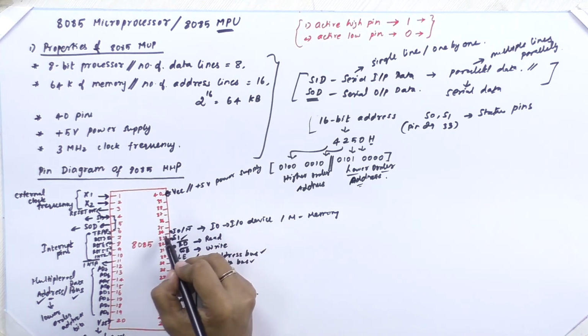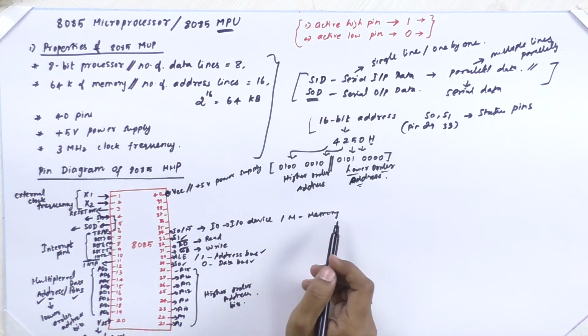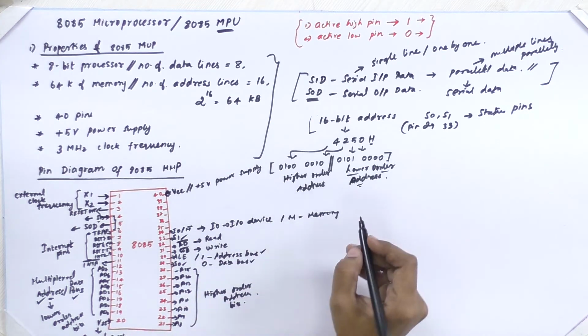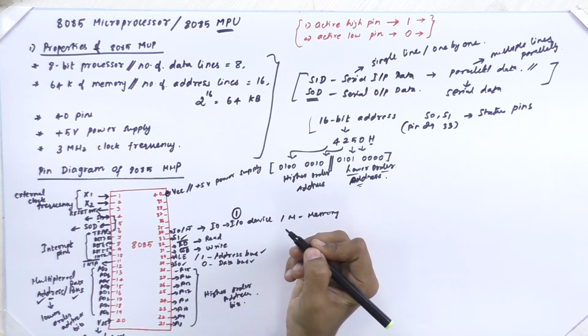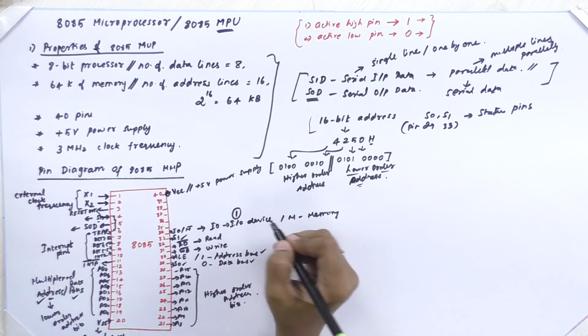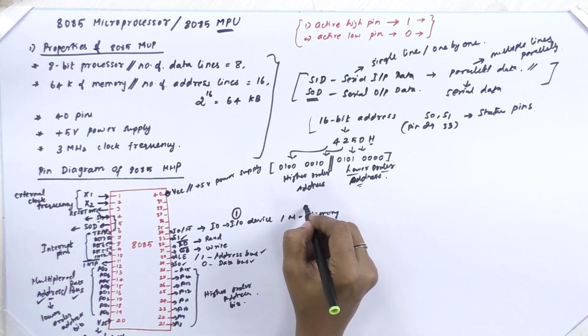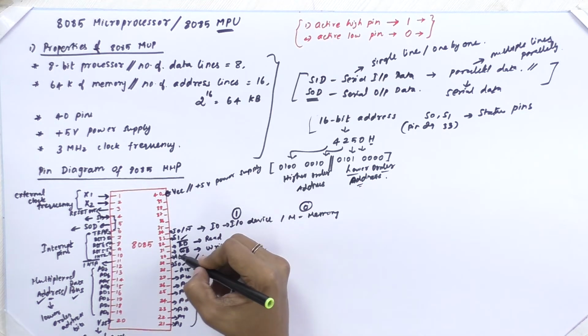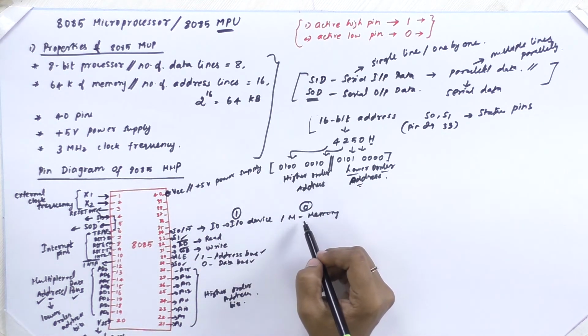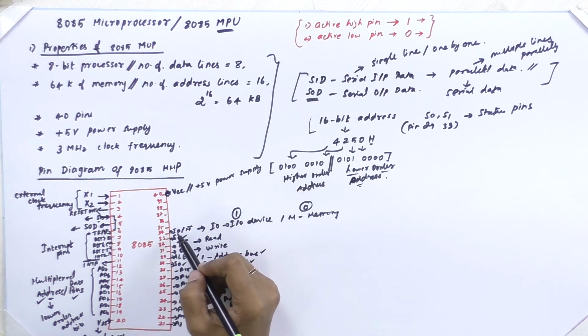Whenever the value of this pin is set to 1, then the read or write operation is performed over the IO device. And whenever the value of this pin is set to 0, then the read or write operation is carried out on the memory. So this is the function of this pin.